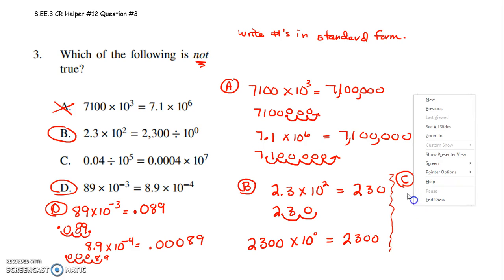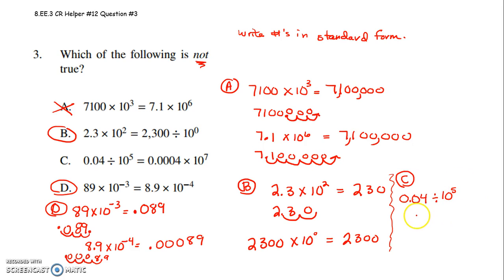All right, let's keep going. So let's take a look at C. 0.04 divided by 10 to the 5th. Oh, isn't that interesting? Now we're dividing by 10 to the 5th. If we're dividing by 10 to the 5th, we have to make that number smaller.